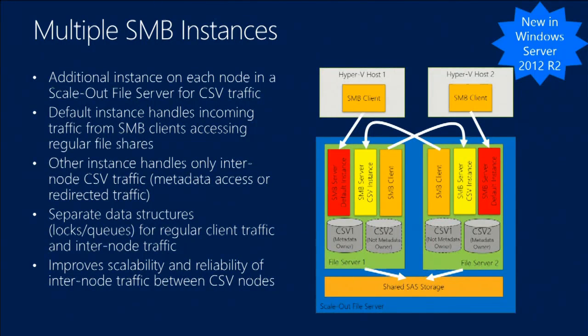This is an architectural change we made, so that if we have a larger cluster and a lot of back-channel communication, that communication doesn't interfere with the SMB traffic between the Hyper-V hosts and the file server nodes.